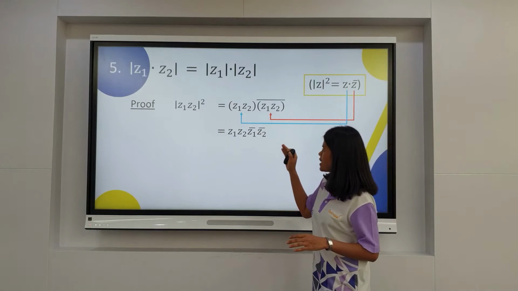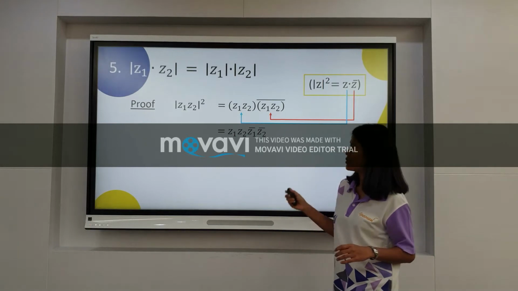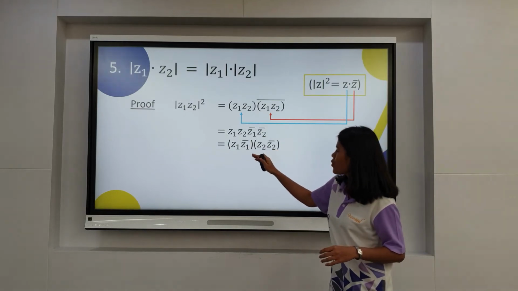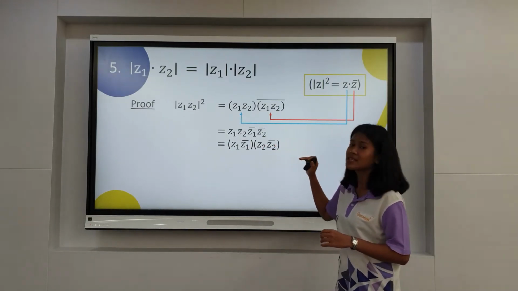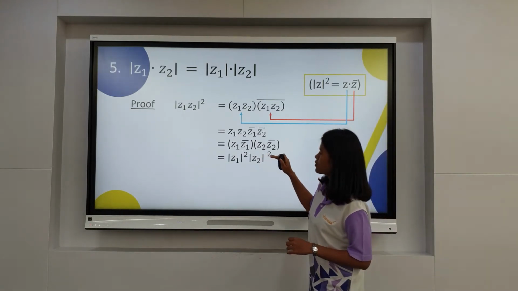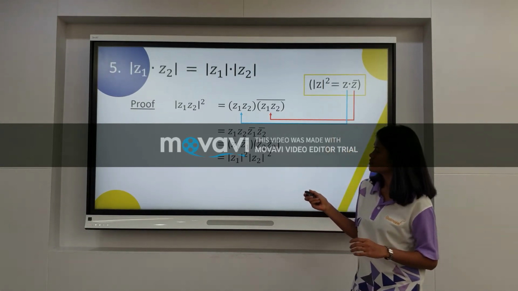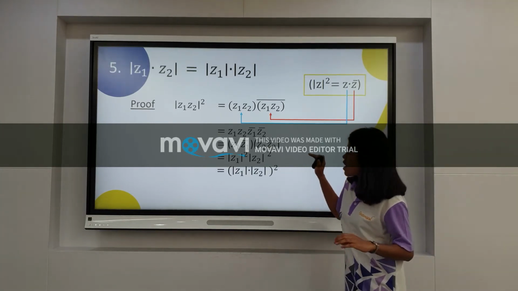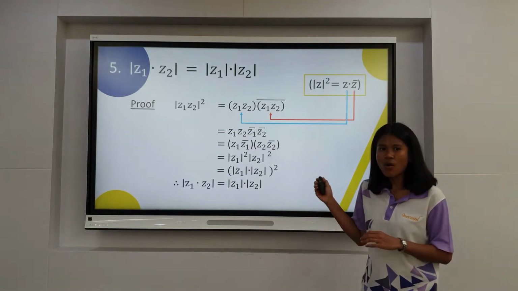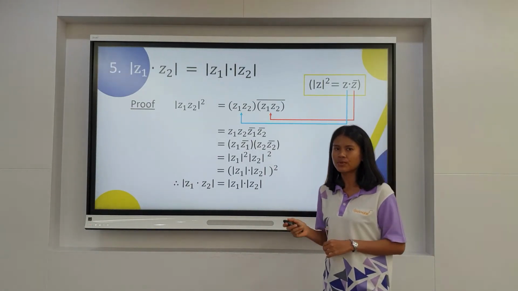We take out the brackets and get z1 times z2 times conjugate z1 times conjugate z2. We regroup into a simpler form and get z1 times conjugate z1 times z2 times conjugate z2. From the definition, we get absolute z1 squared times absolute z2 squared. Then we get the square of absolute z1 times absolute z2. So absolute z1 times z2 equals absolute z1 times absolute z2.